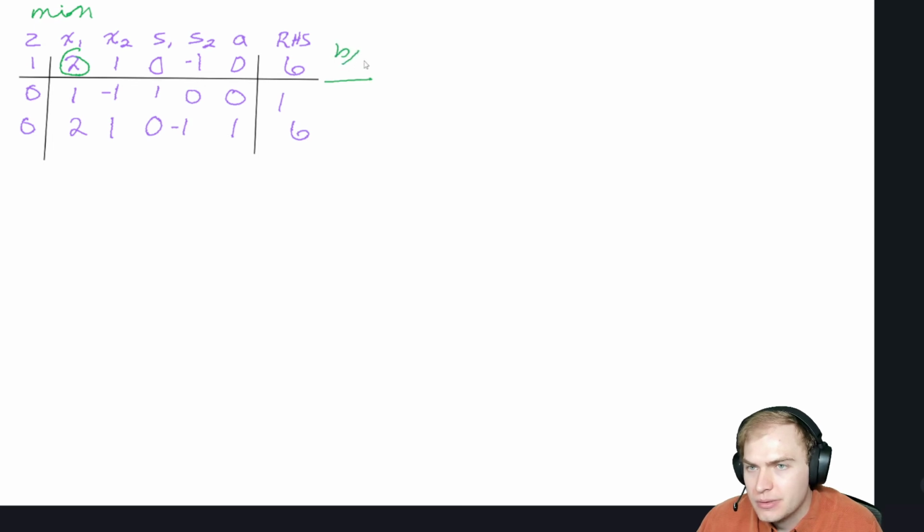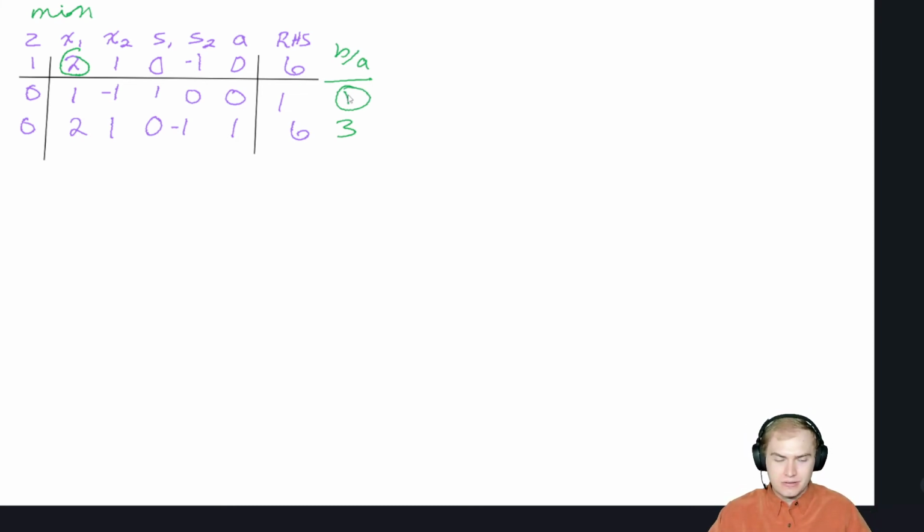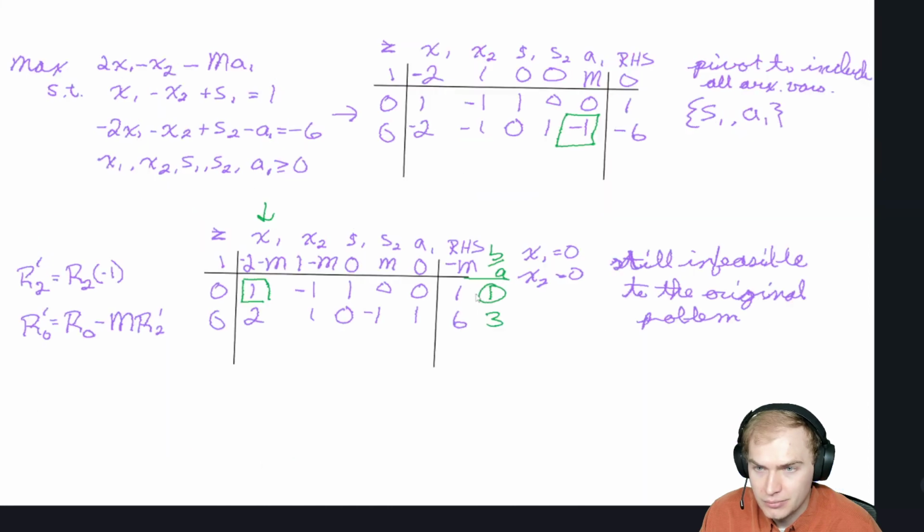And then we take our B over A, 1 divided by 1, and 3. And again, we're going to pick the smallest one. That's how it goes. And so that's the same pivot we did before, remember. So I am just going to reach back in time and grab most of that tableau from before.